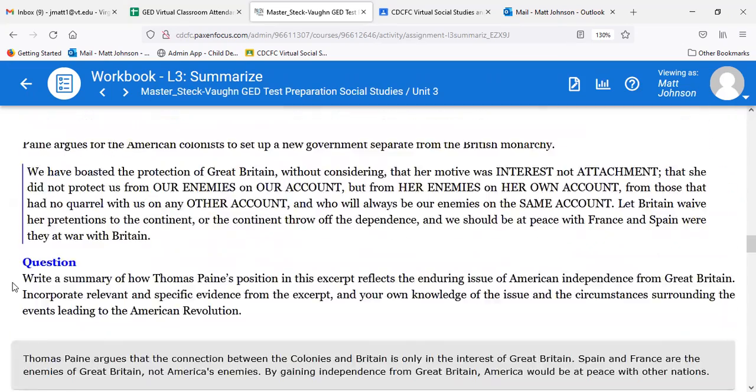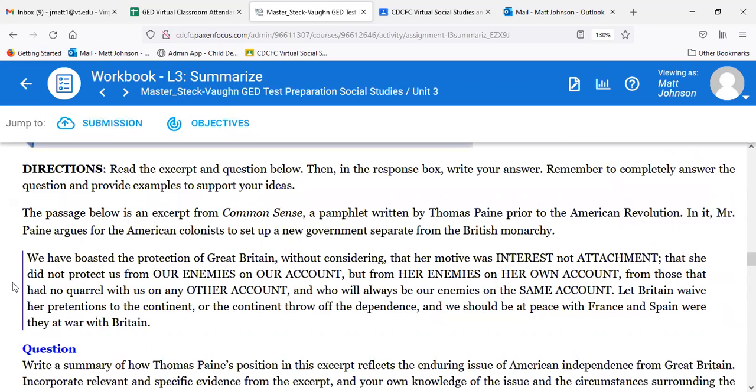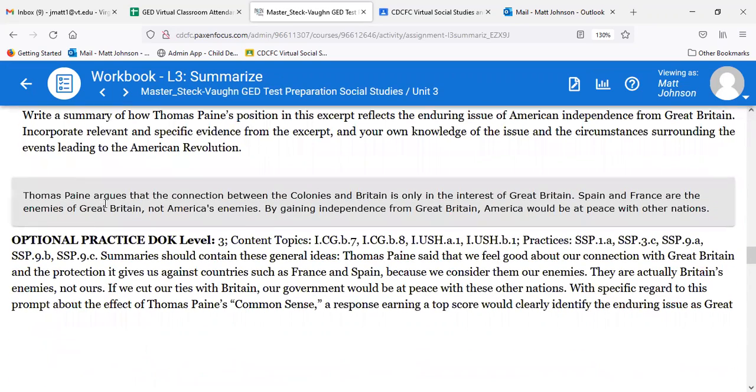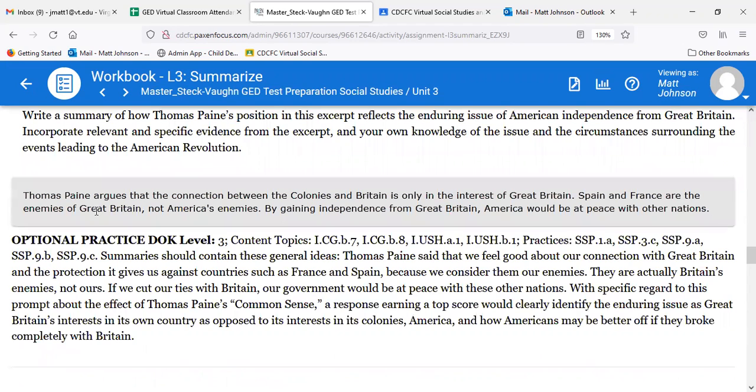I just want to point out here, again, you get what you should have in a summary, right? So like with the Thomas Paine, it said that we feel good about our connection with Great Britain and the protection it gives us against countries such as France and Spain. We had that, right, as far as it was about Britain's interest, not the American interest.